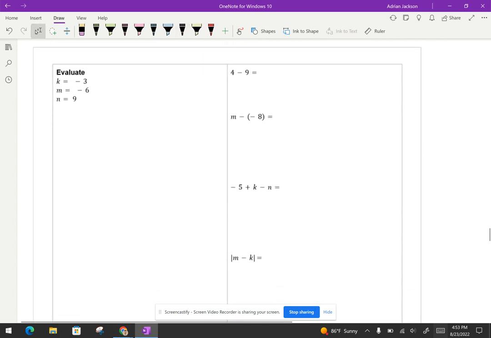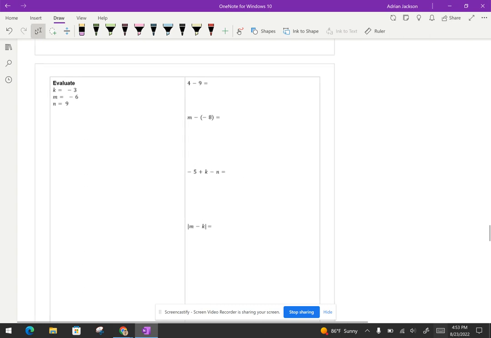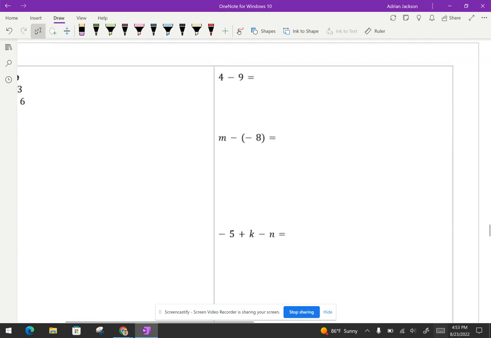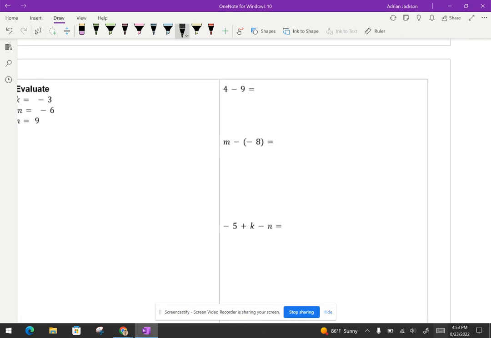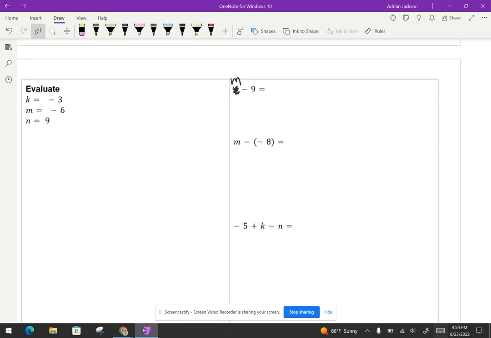All right, we're going to try some more with some different letters. So here we have K, M, and N. This should actually be an M, not a 4. So we have M minus 9. My M is negative 6, which we can see again over here. All of our values are right here.